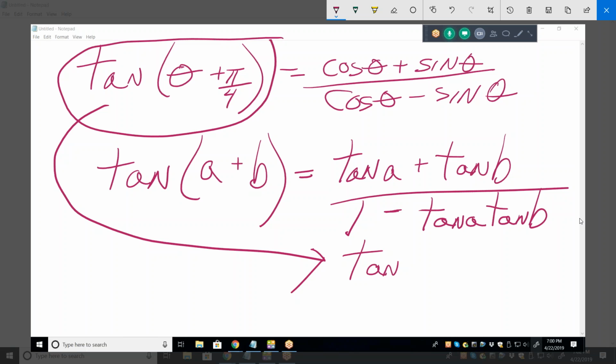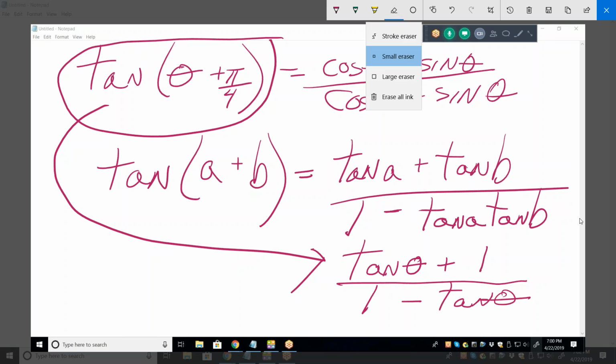It becomes tangent theta plus tangent pi over 4, which is 1, and then 1 minus tangent theta times 1. So that is really the first step.